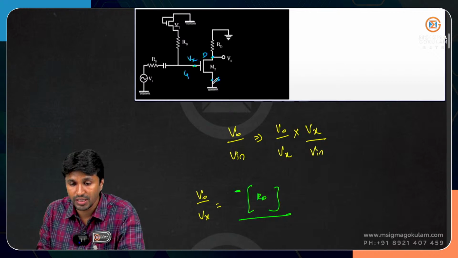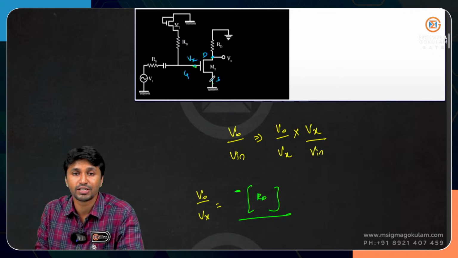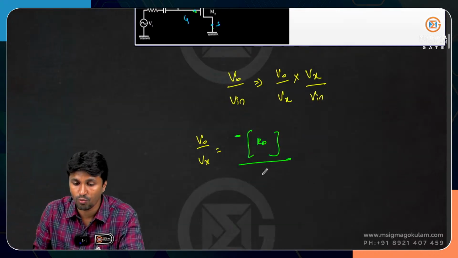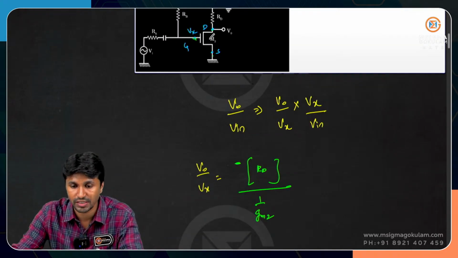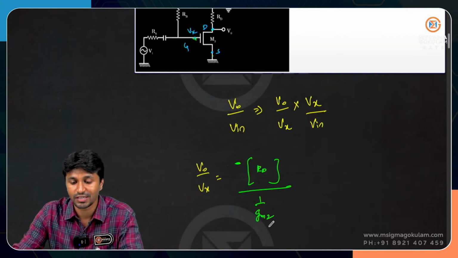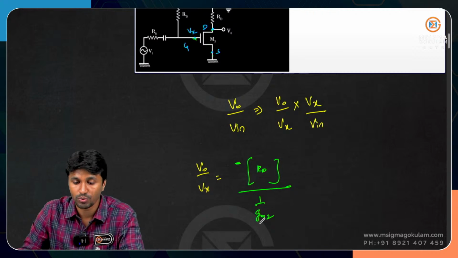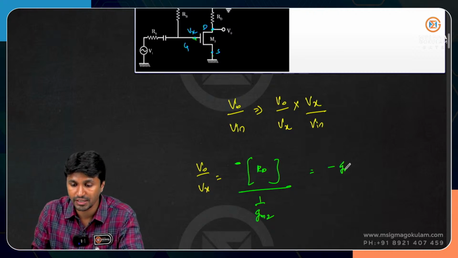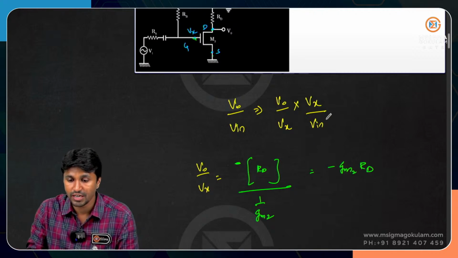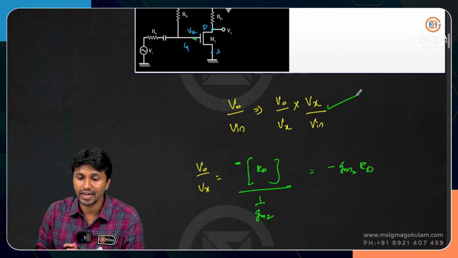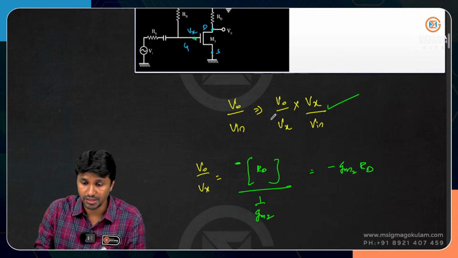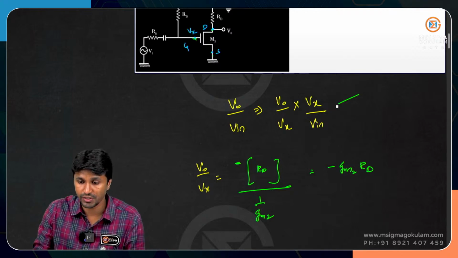Between these two nodes you have the gate and source junction, so this is 1 by Gm2, because this is the second MOSFET with transconductance Gm2. So this is minus Gm2 into Rd. We have directly calculated the first term.